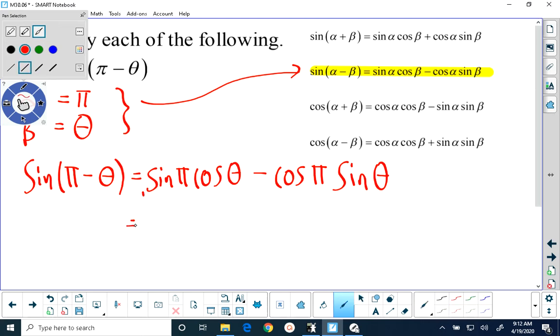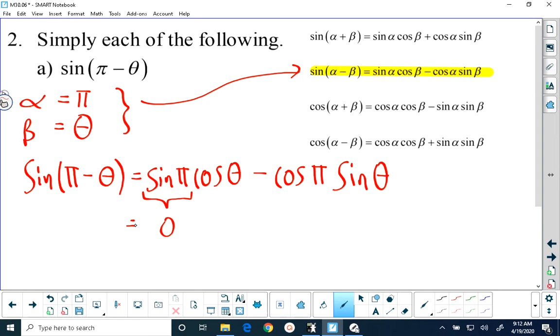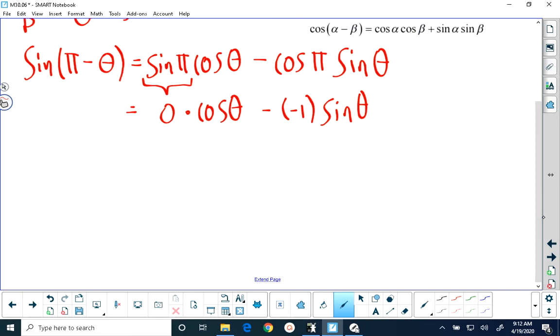Again, sine of pi is something that we can calculate on the unit circle, and it happens to be equal to 0, the y-coordinate at pi, multiplied by cosine of theta, and then minus cosine of pi, which on the unit circle is the x-coordinate, which we know is -1, multiplied by sine of theta. So a couple of things happen here to give us our answer.